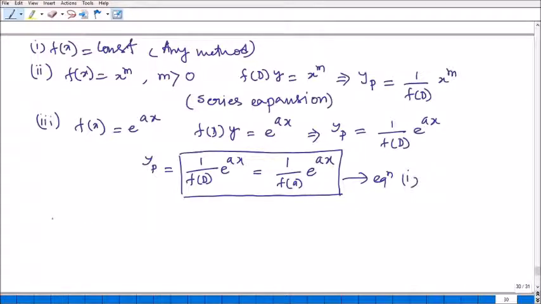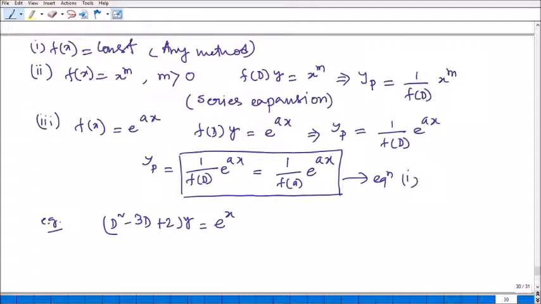Suppose let us discuss an example. Suppose the differential equation is D square minus 3D plus 2 operating on y equal to e to the power x.